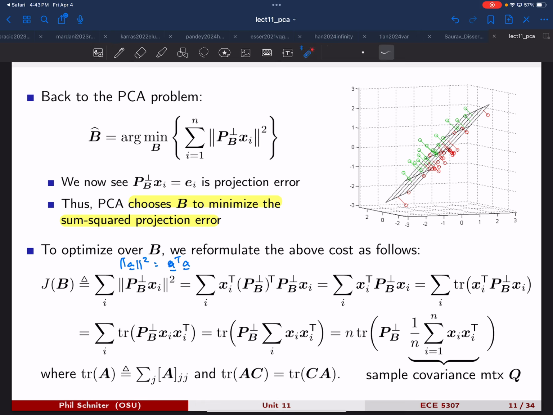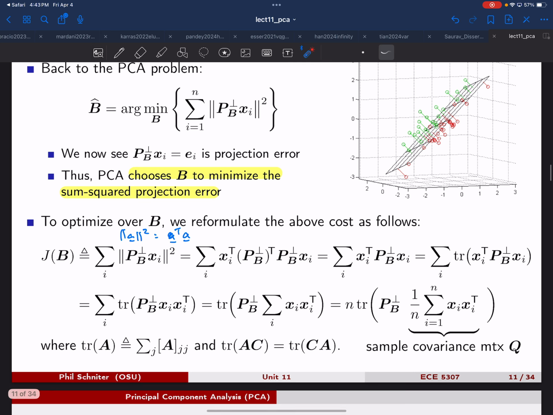So we're going to apply that here and write this norm squared as that vector times its transpose on the left. The next step is to remember that PB perp transpose, because it's symmetric, I can get rid of the transpose if we want. It's the same thing. And then this is like PB perp squared, so I can remove one of them and simplify this down to this.